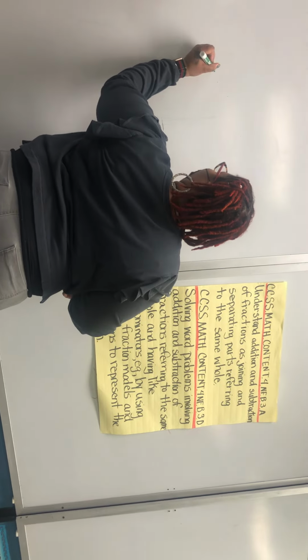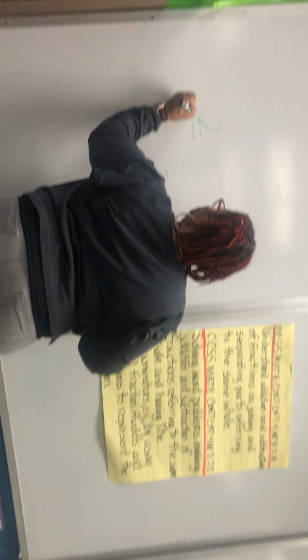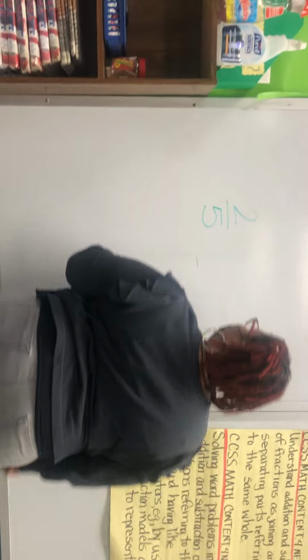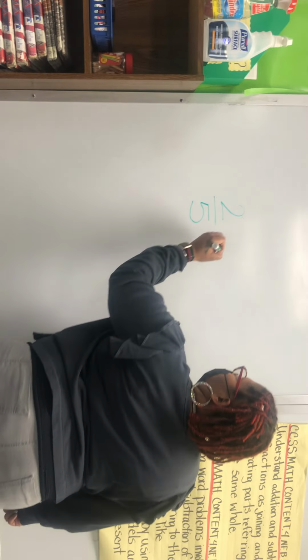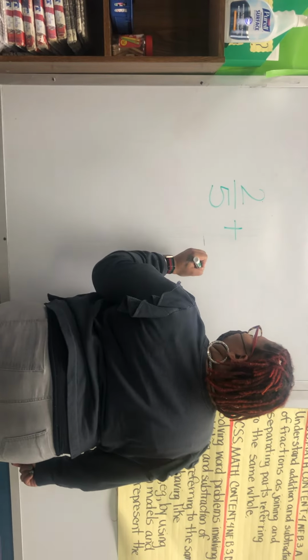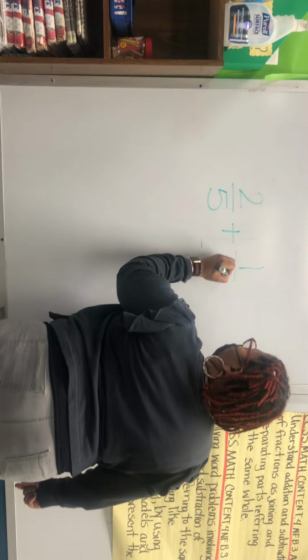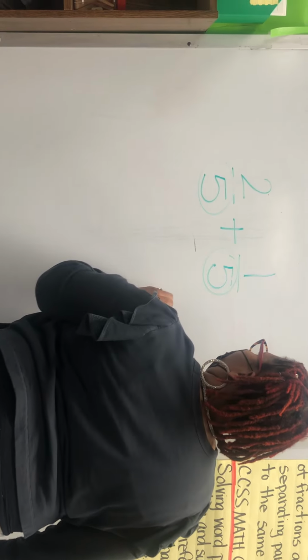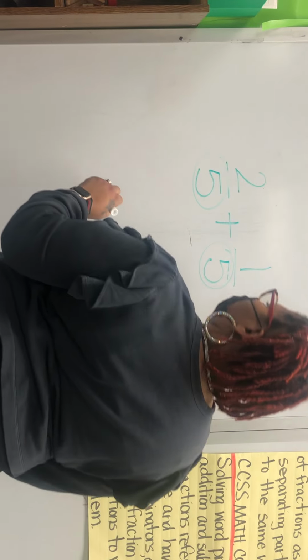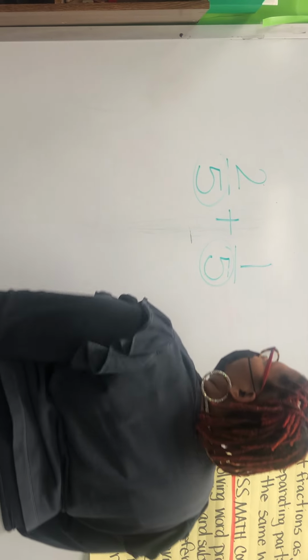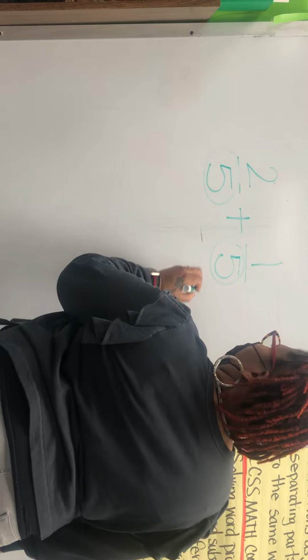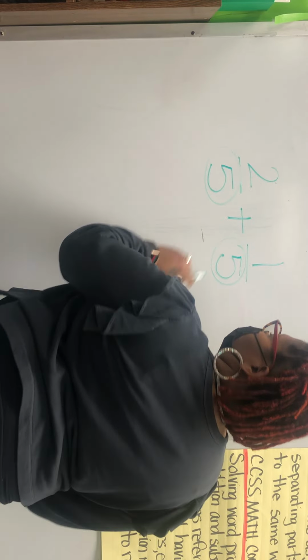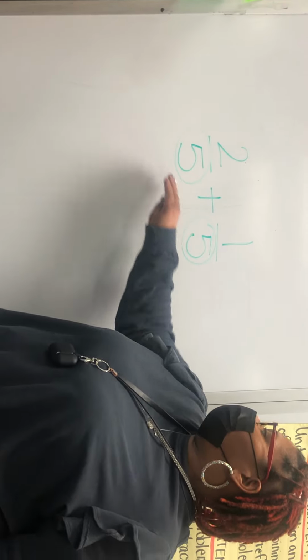Okay, so real quick, before we get into our hands-on activity, just like they did in the example. If you have 2/5, right, and you add 1/5, right? Same denominator, right? Okay, so what you have to remember is that this number is going to stay the same because they are like fractions.